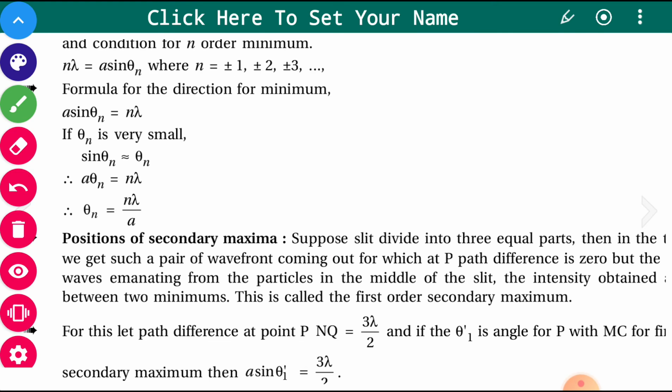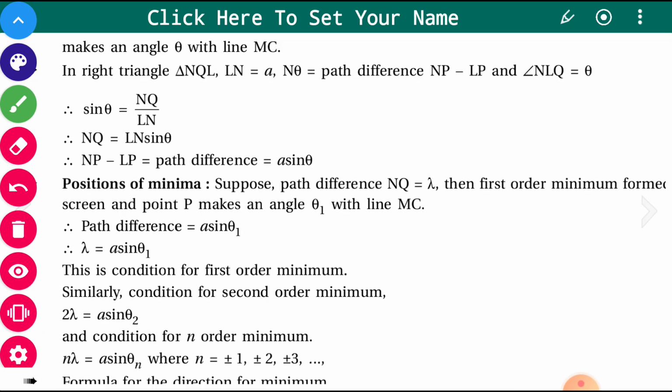Therefore NQ will be LN sin theta, and the path difference NP minus LP is a sin theta.